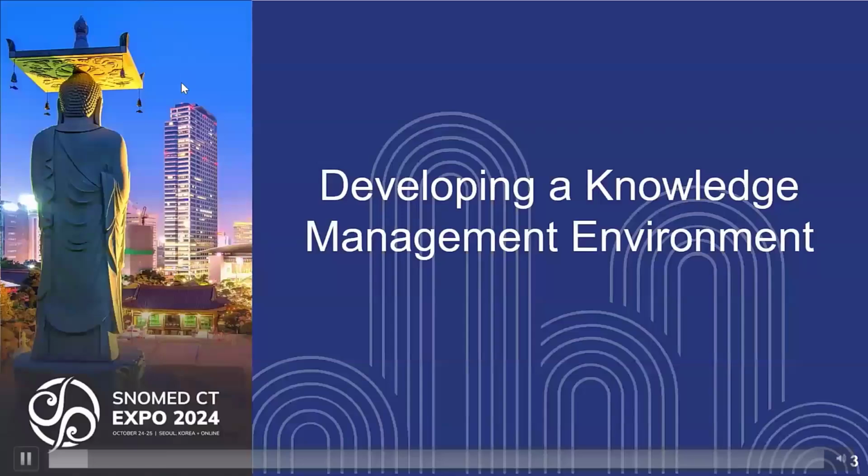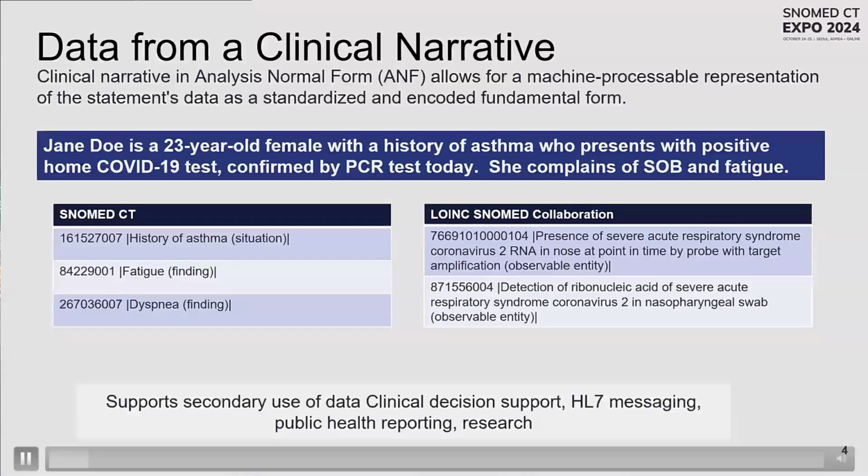In developing the knowledge management model, the first thing we need to do is take a step back and look at the current state. We'll use the clinical statement in the upper part of the screen in the dark blue box.